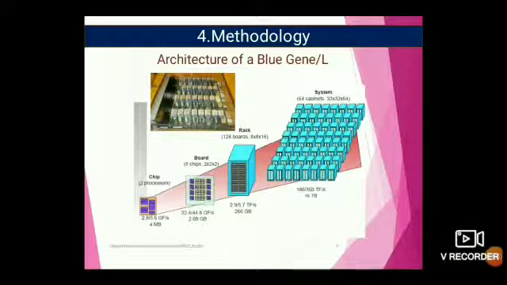The board consists of 8 chips, in a configuration of 2 by 2 by 2, and the board is used for the software required to program and control the parallel systems. Next comes the rack, and a rack contains 32 node boards or 1024 nodes and 4096 processor cores. And the last one is the system, and the system consists of 64 cabinets as mentioned in the figure.